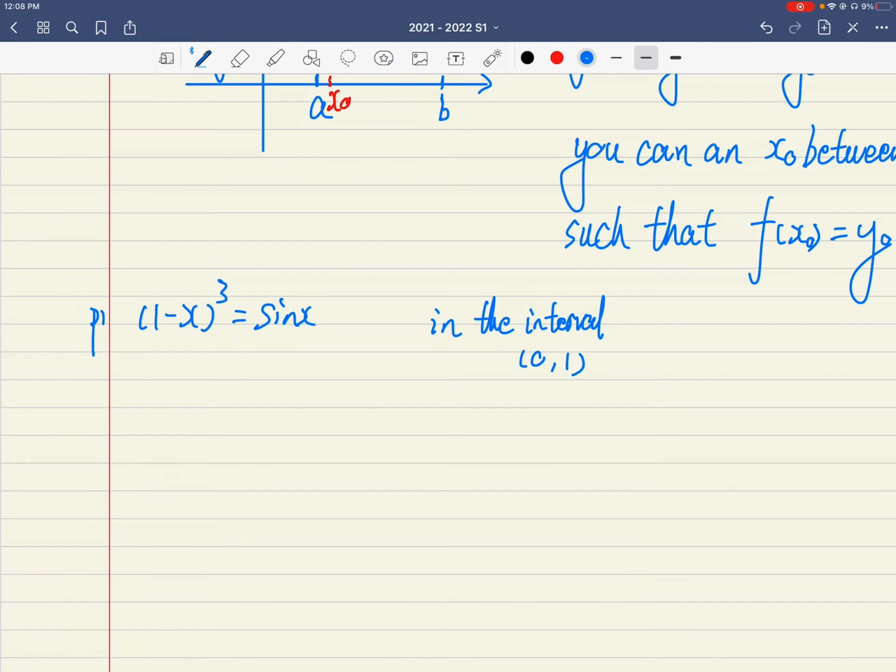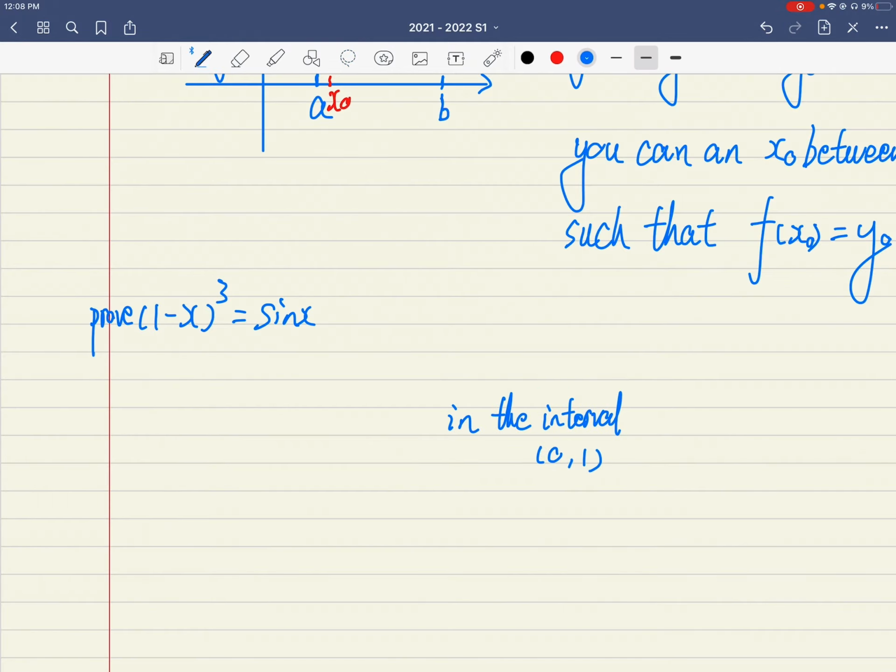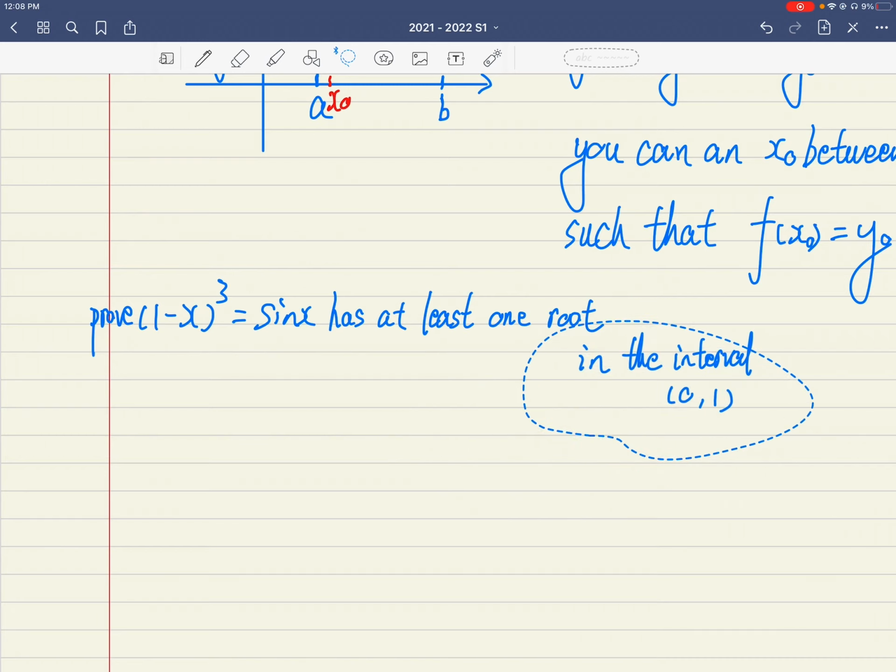It asks you to prove this equation has at least one root in the interval 0, 1.